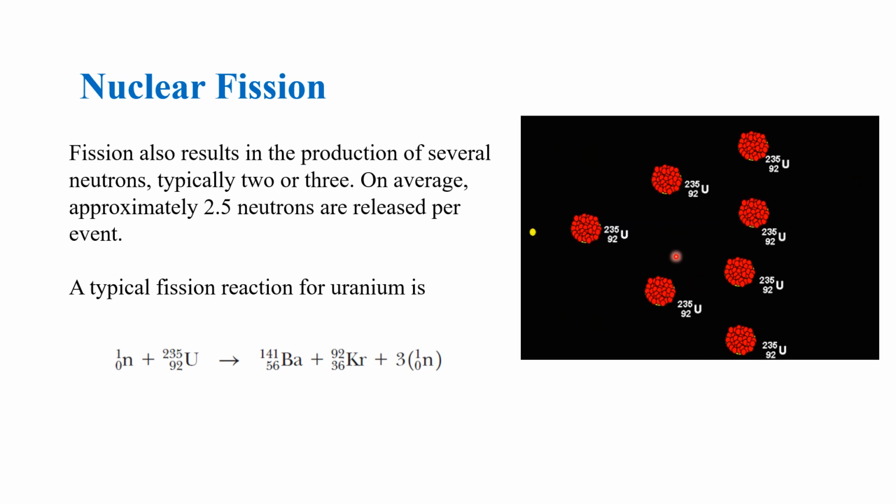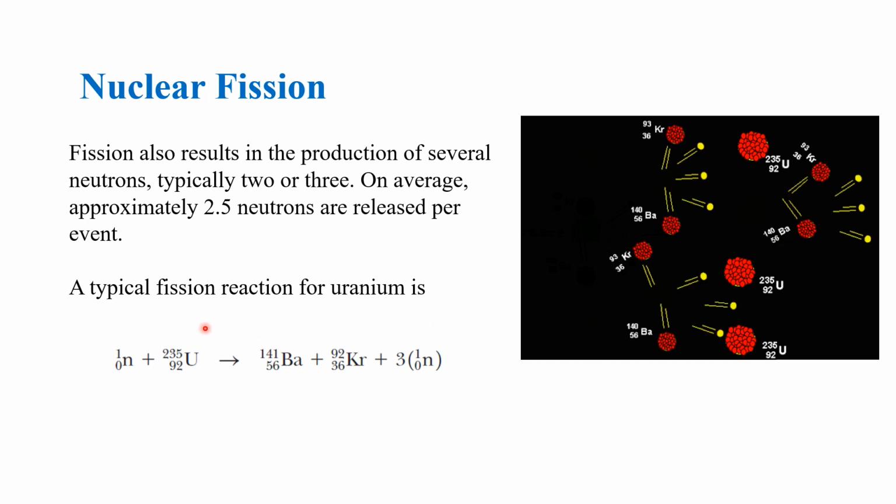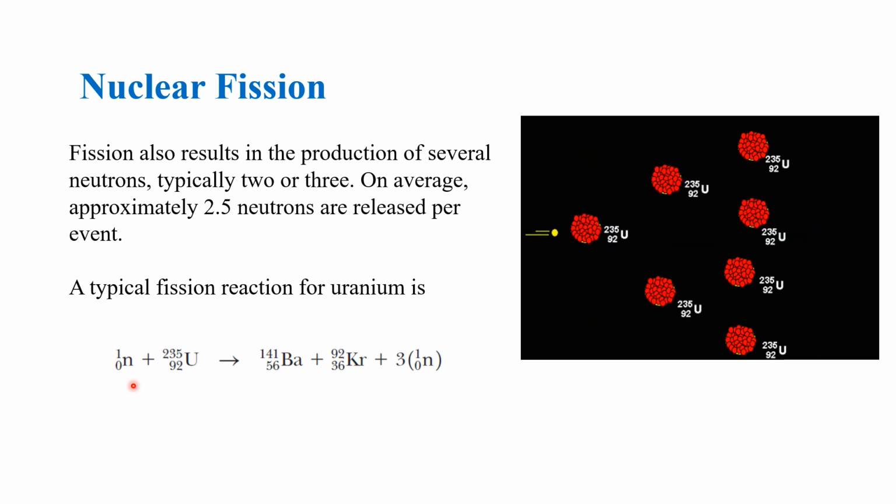And this chain reaction in your nuclear fission is what creates the power, which is 200 times the power of the initiating neutron, which creates very large or massive power, which can be used in your nuclear reactors or even also in nuclear bombs.